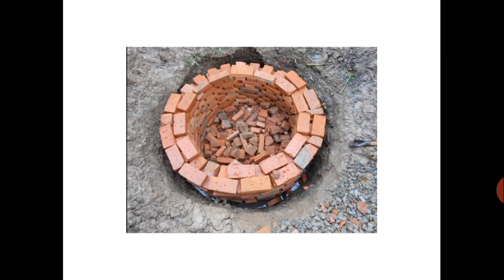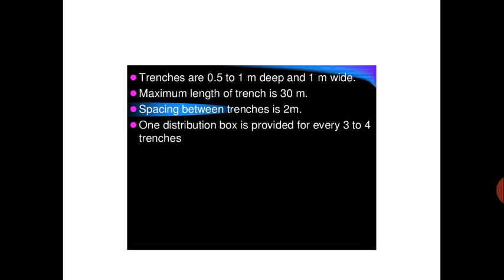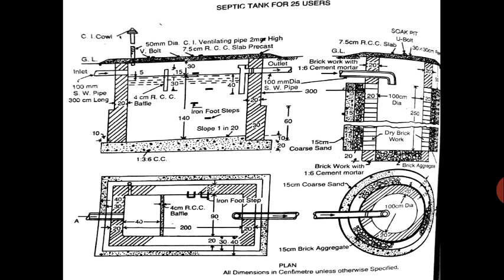This is how the soak pit is with liners, and this is without liners. In this diagram, if you see the soak pit, that 30 centimeter they have given. Then the slab is of 7.5.